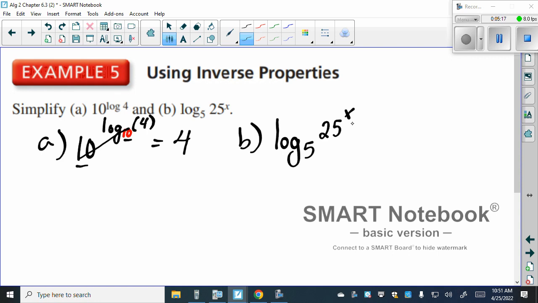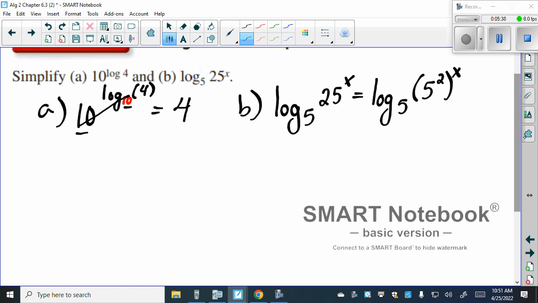Now let's look at B. This would be nice if I had log base 5 of 5, because if the base and what's inside the logarithm are the same, they simplify out. Can I rewrite 25 as 5 to a power? Yes, it would be 5 squared, to the x.